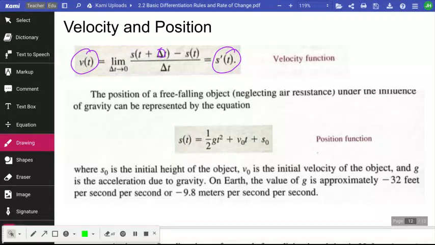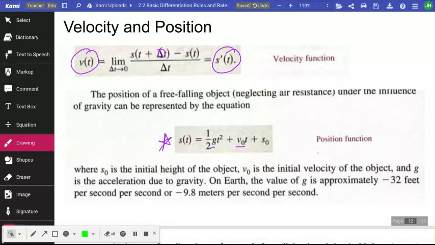All right, so the position of a free-falling object, neglecting air resistance, under the influence of gravity, can be represented by this equation. That's important. G is gravity, t is your time, V sub zero, also pronounced V naught, as in nothing, times t. That's your initial velocity.